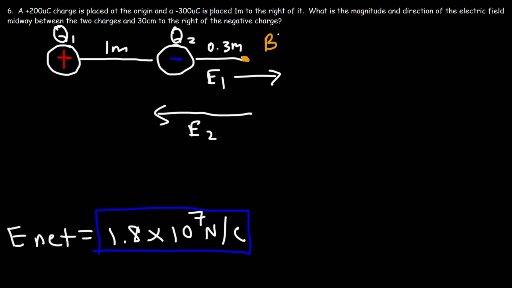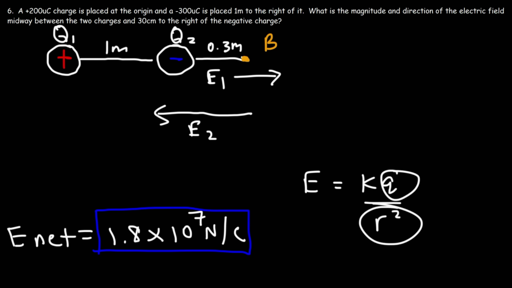Notice that point B is closer to the negative charge than it is to the positive charge. So Q2 is going to have a greater effect on point B than Q1 because it's closer. So if you go back to the equation for electric field, there's two things that the electric field depends on: the magnitude of the charge and the inverse square of the distance.